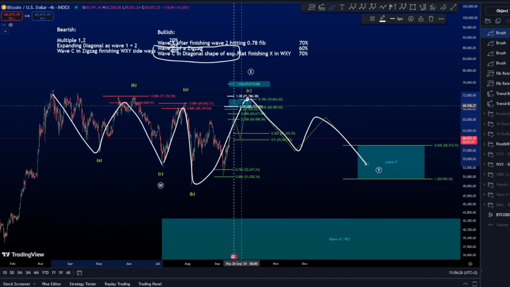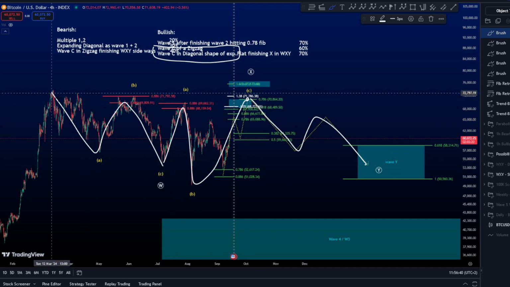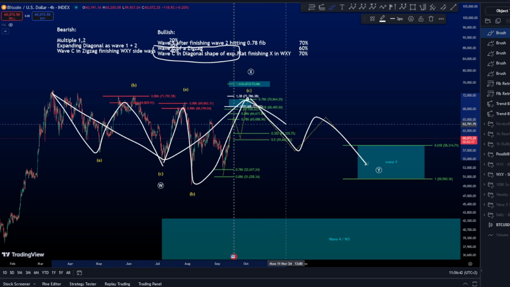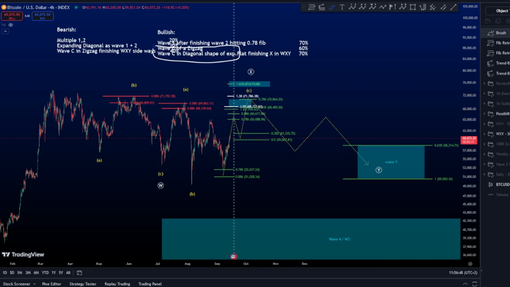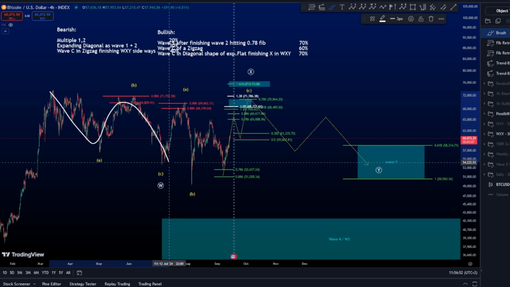Once you finish this expanding flat or this regular flat or this zigzag, whatever, it's potentially much better to end it, of course, as an expanding flat here. You are still looking for a third wave to finish this WXY, which should also be a double zigzag complex structure in WXY.